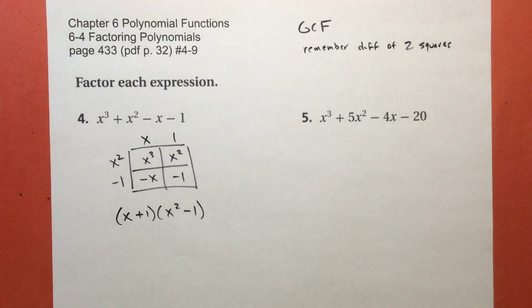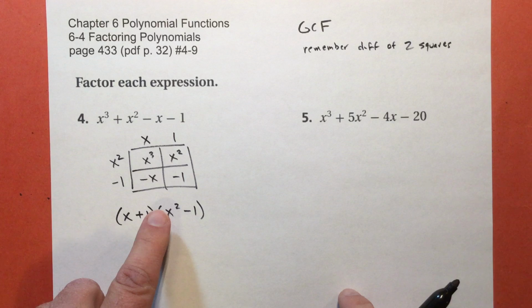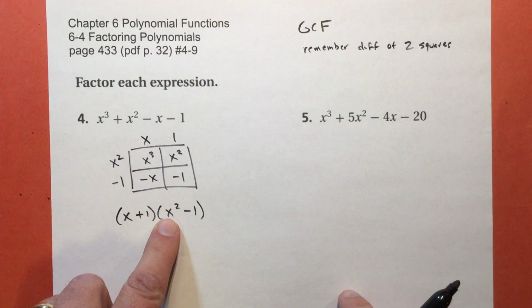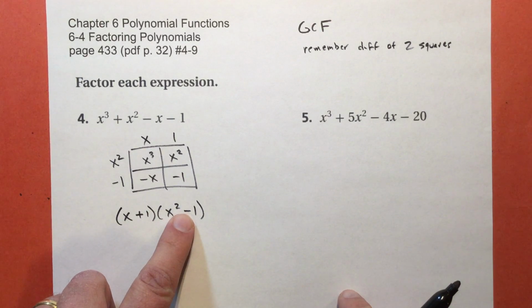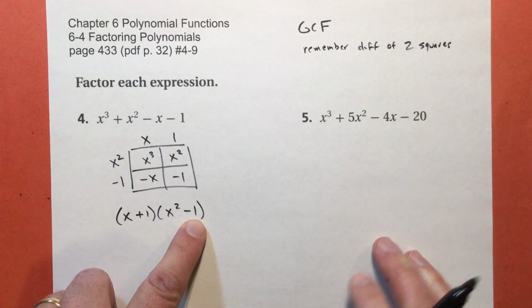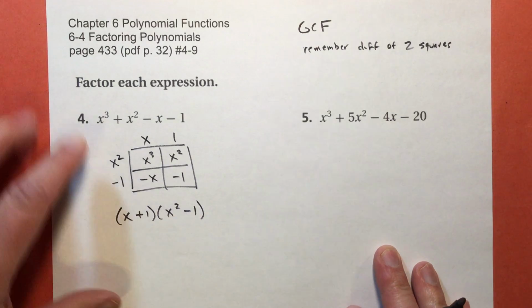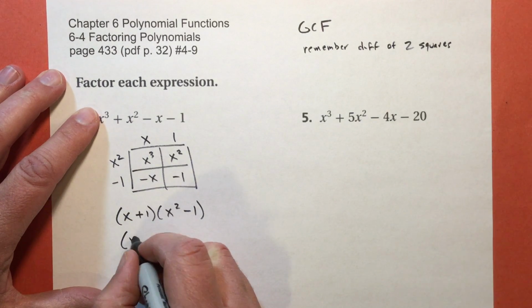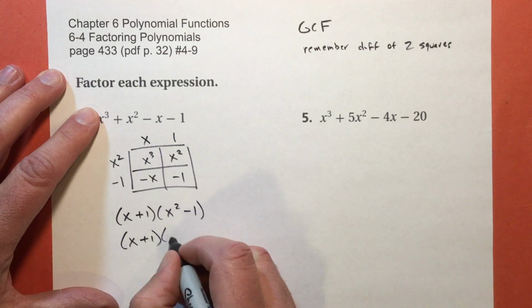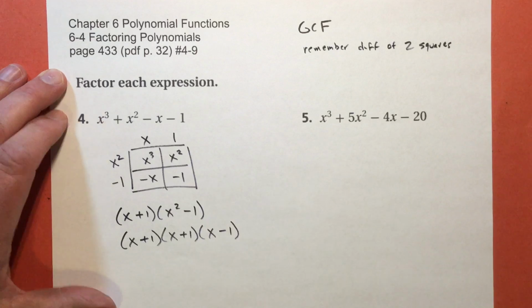Now, you should be on the lookout for this. I said x squared subtract 1. X squared is a perfect square. Subtract means difference. Is this the difference of two squares? Yes, because 1 is also a perfect square. It's 1 times 1. So this becomes x plus 1 times x plus 1 times x minus 1.